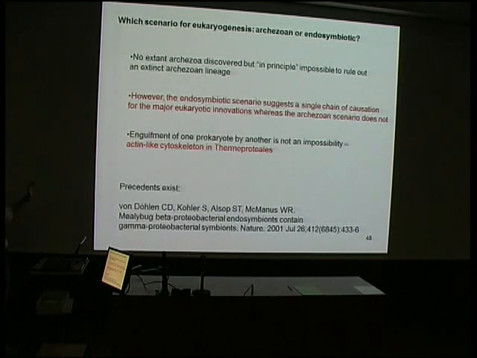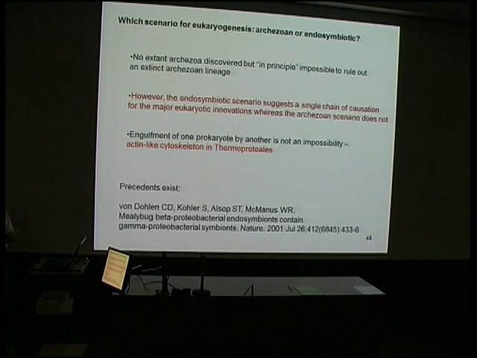Moreover, it's interesting to consider that the engulfment of one prokaryote by another is not an impossibility. First of all, think of the cytoskeleton that is seen in some archaea, but also think of experimental evidence. Indeed, prokaryotes living inside other prokaryotic cells have been described.